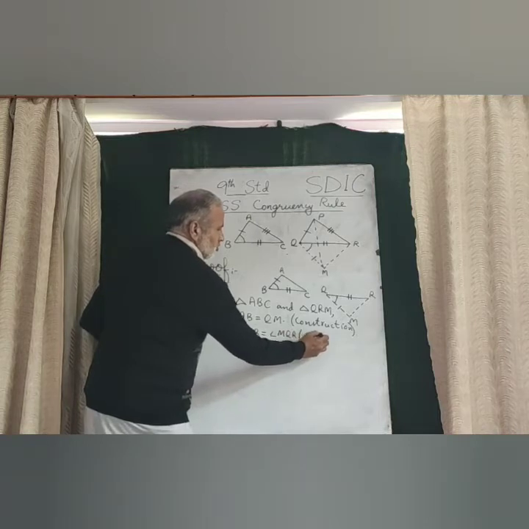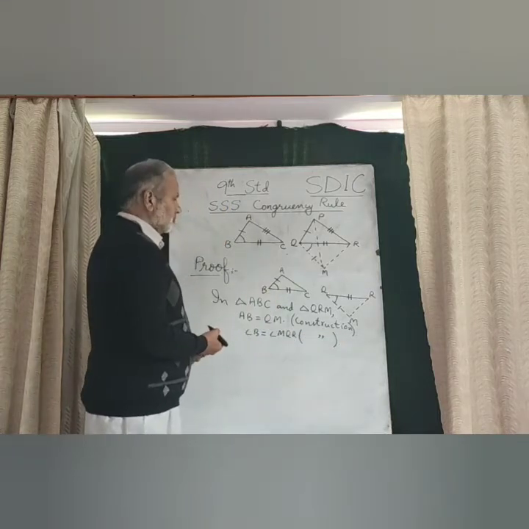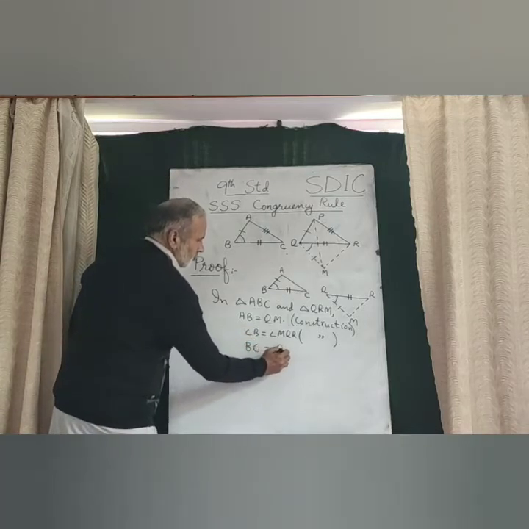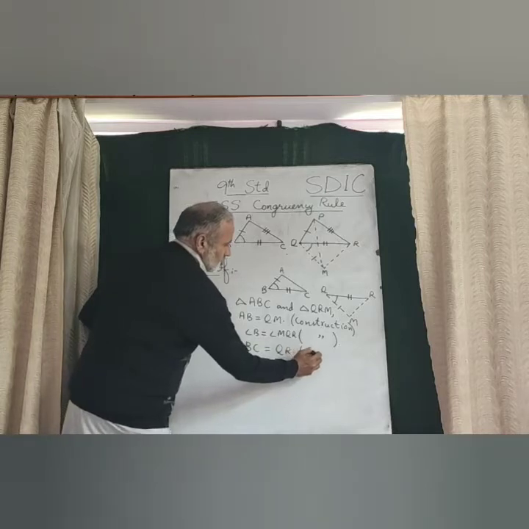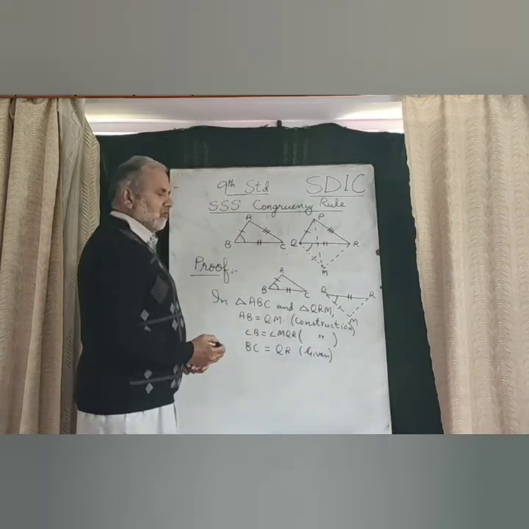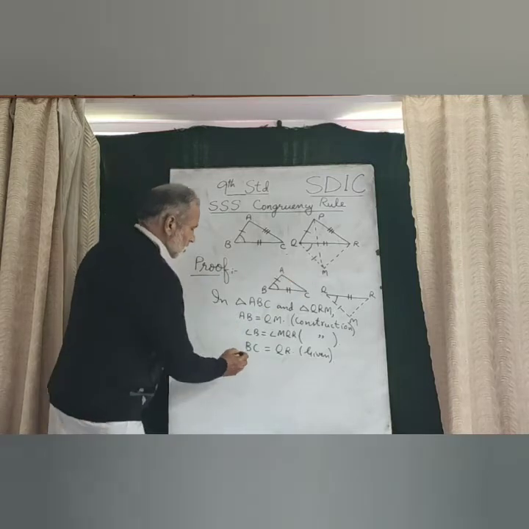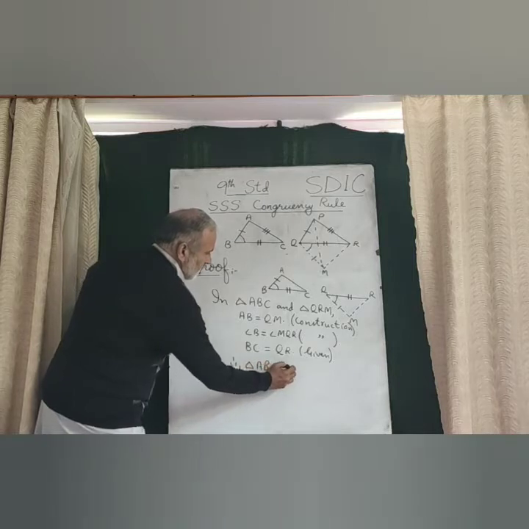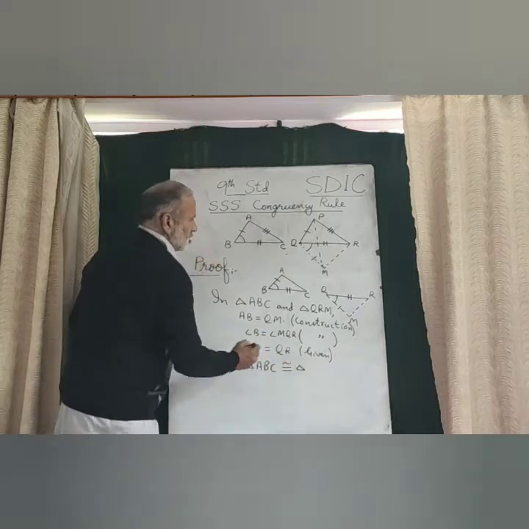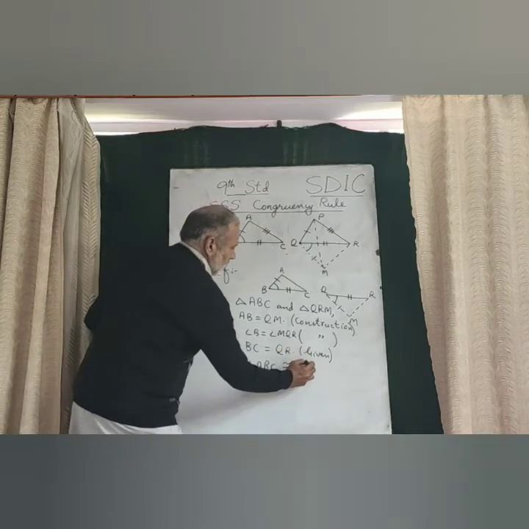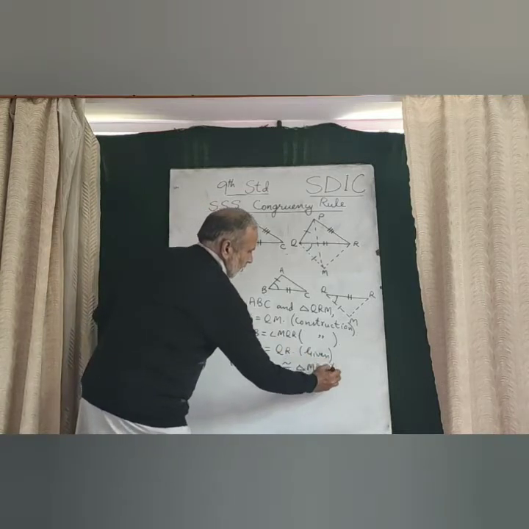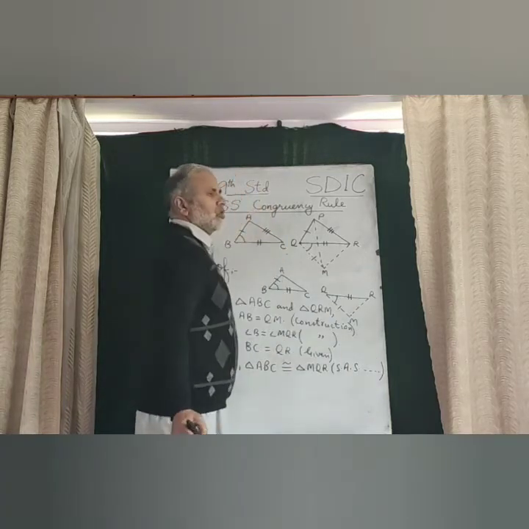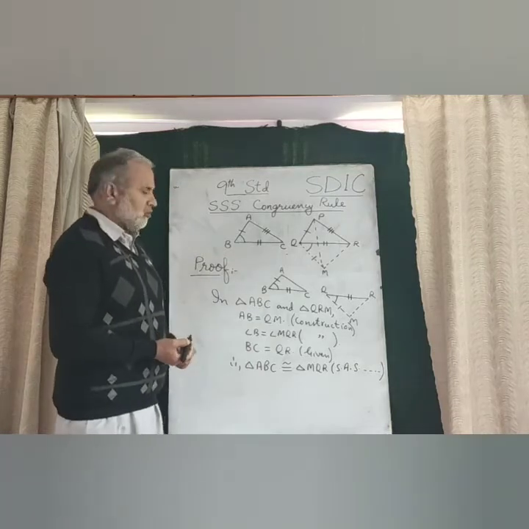This also is construction, so write construction for this also. And BC is equal to QR. This is given to us. With this information, we will conclude the two triangles are congruent. Therefore, triangle ABC is congruent to triangle MQR. SAS congruency rule we will write in the bracket. This rule we have used to prove them congruent.